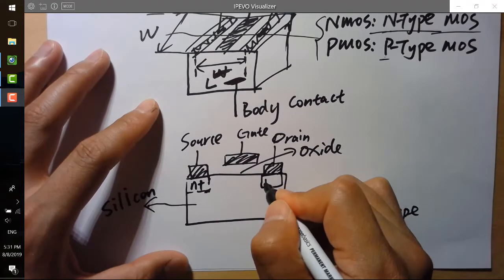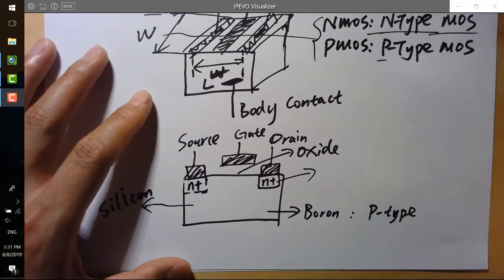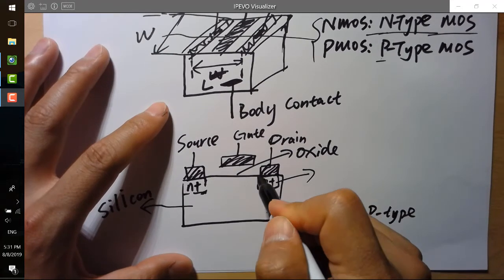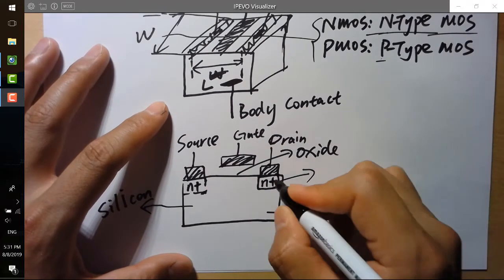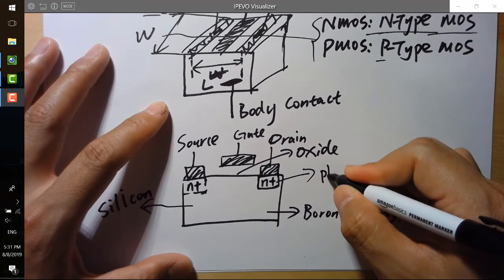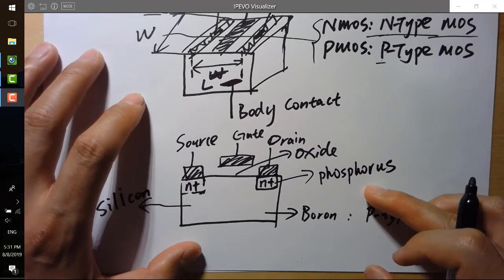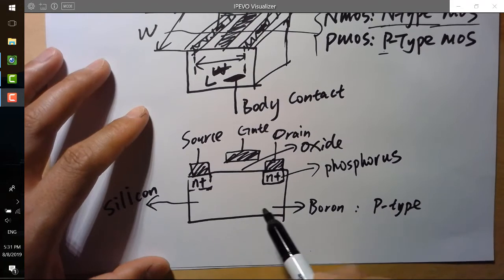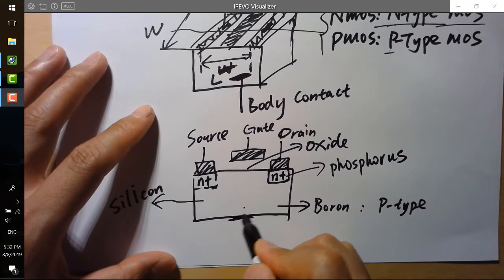And for here, they usually use a heated process or high pressure to dope that material into there to make it not pure silicon but a semiconductor. For the N-type, they mix the silicon with phosphorus. So this is P-type, this is N-type.